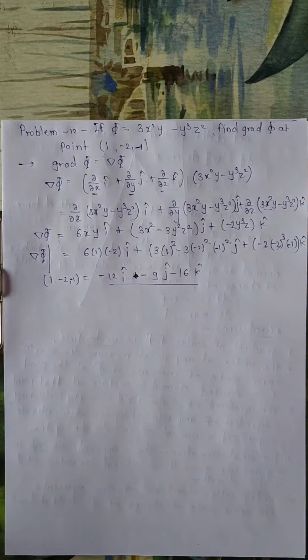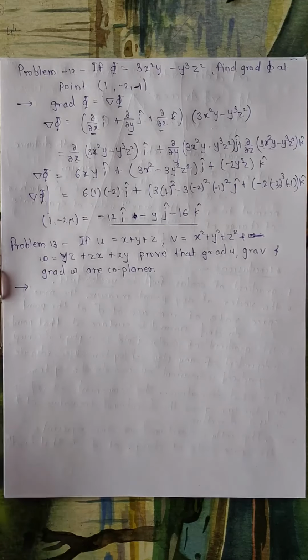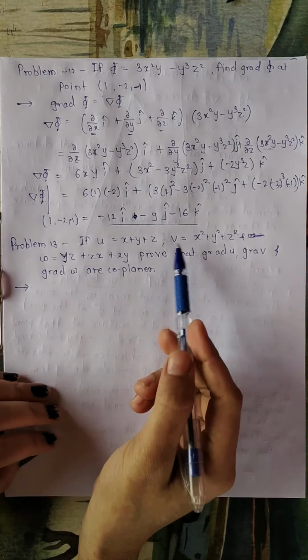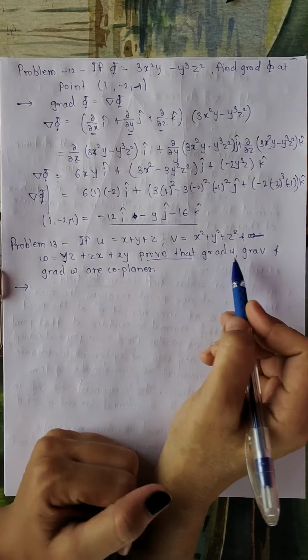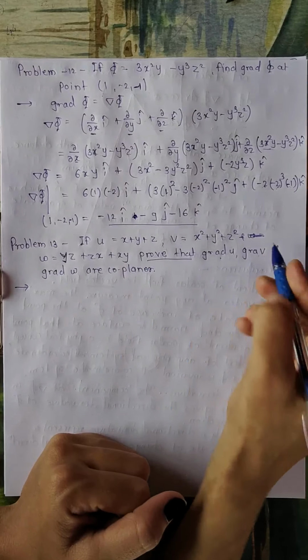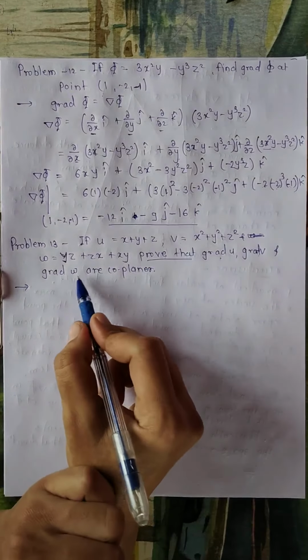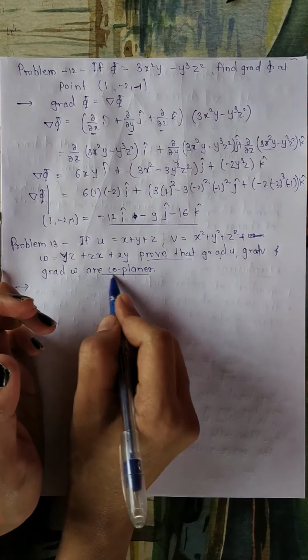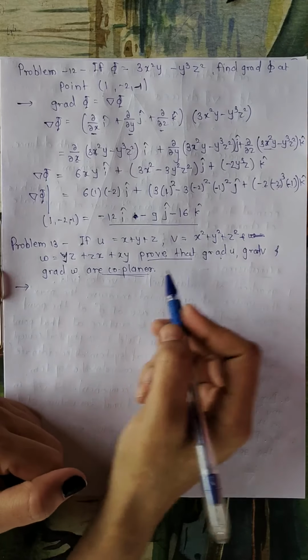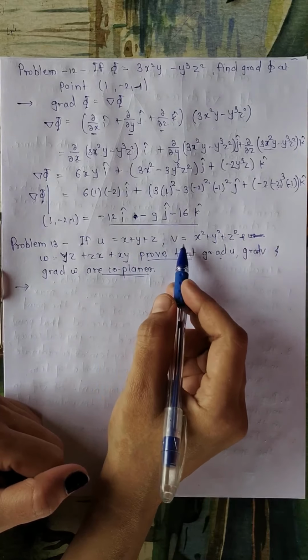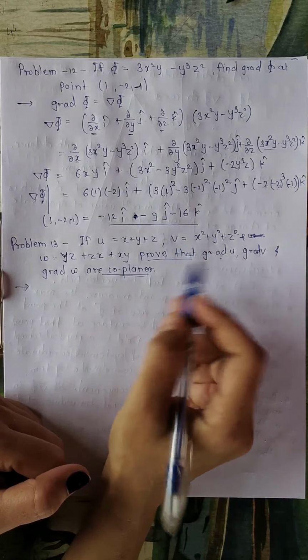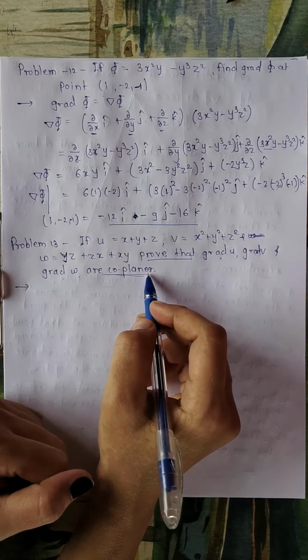Next is problem number 13, in which they have given us u, v, w, and they have asked us to prove that the gradient of u, gradient of v, and gradient of w are coplanar. That means we have to show that the gradients of these three scalar quantities u, v, w are coplanar.